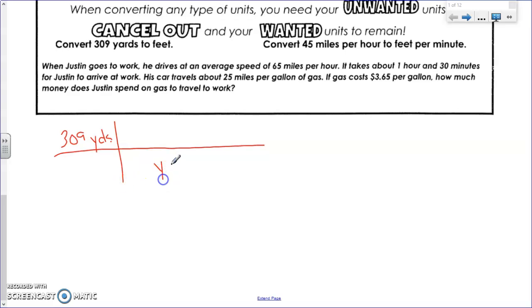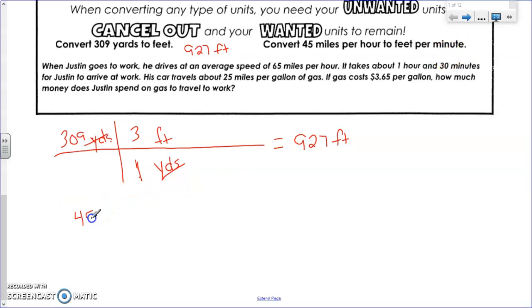So the yards here, because whatever's on top goes on the bottom, and then feet: how many feet are in a yard? We know 3 feet is in 1 yard. That cancels. So that's going to give me 927 feet.